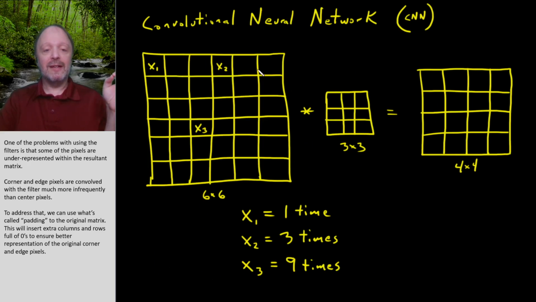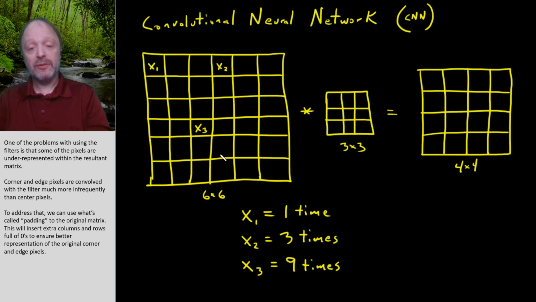The edges, the sides of our image are not being counted as much as the pixels that are in the middle. So what this can do is it can give more weight to the middle pixels than to the edge pixels, and especially the corner pixels.